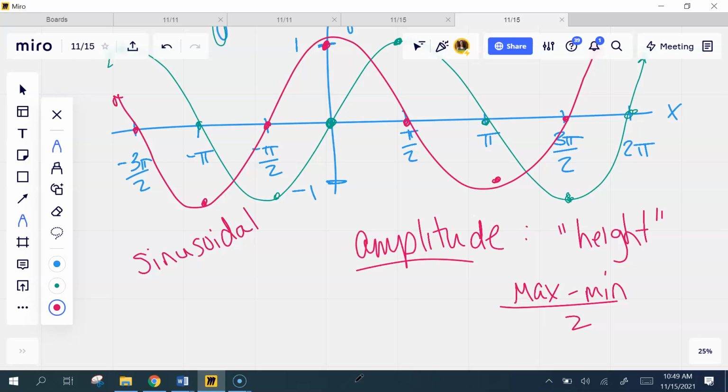It's 1. Highest it goes is 1. The lowest it goes is -1. 1 minus -1 is 2, and 2 divided by 2 is 1. If the x-axis cuts it exactly in half, then it's how high up it goes. That's why I said height, put in quotation marks. Y'all okay there?